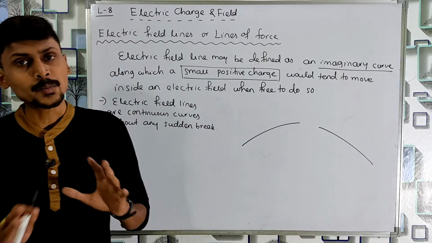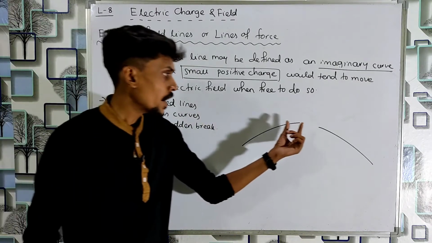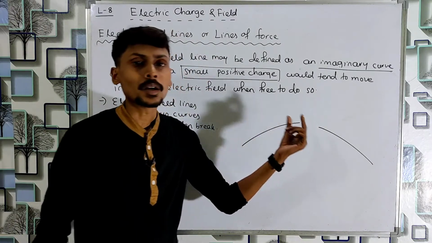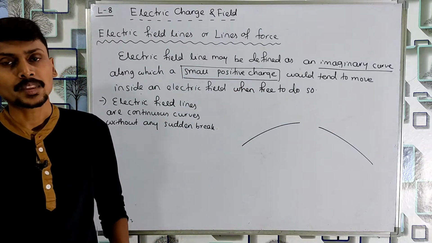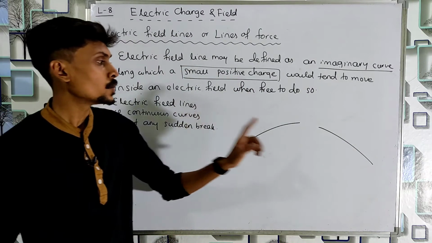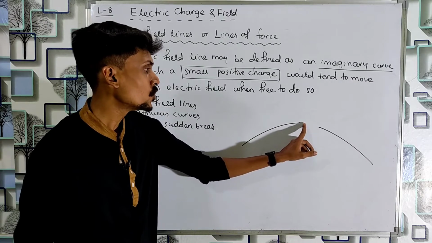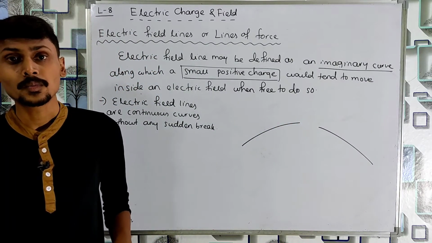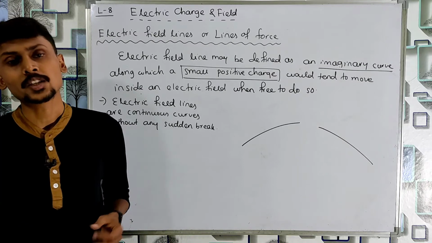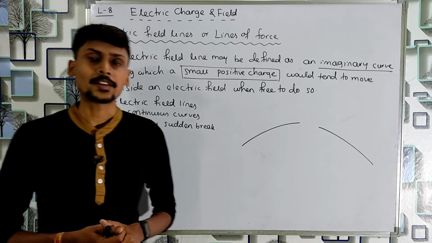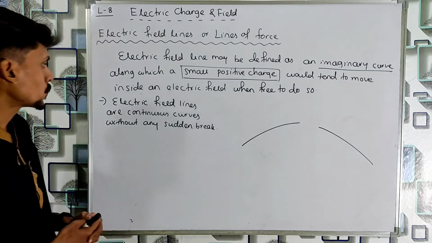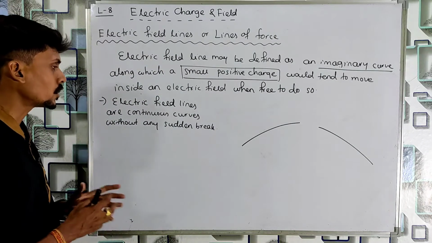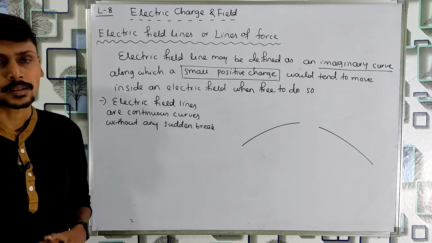It cannot have any break. So if we produce a break in the electric field line, it means that in this region there is no electric force on the test charge. But this is impossible. A test charge always experiences force inside an electric field. So remember this point, that electric field lines are continuous curves without any sudden break.